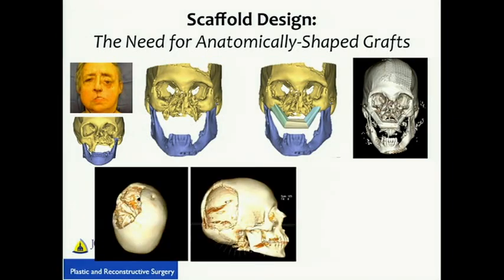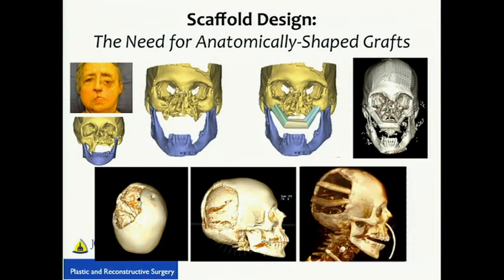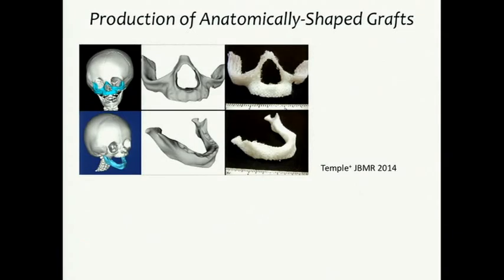This is also an example from a skull injury where, again, a piece of bone was put here to protect the brain from damage. But what tissue engineering and advances in 3D printing give us today is that we take images from the patient and design anatomically shaped scaffolds that fit perfectly into these defects, and we print these with biodegradable polymers so that we can put the patient's face back.